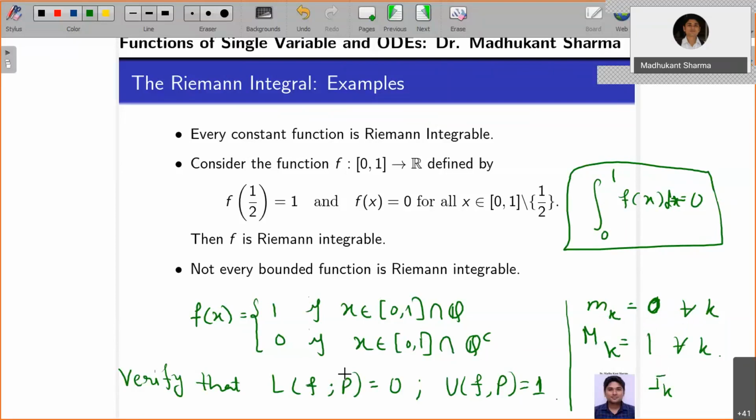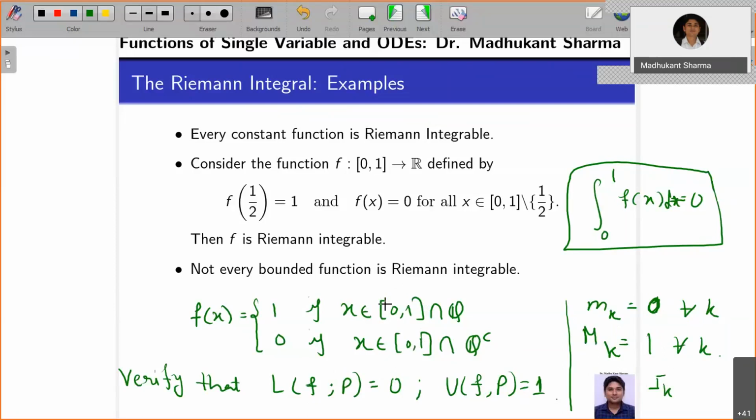And then if you write down L(f,P), small mk is 0 for all k, so that will turn out to be 0. U(f,P) is equal to the summation of capital Mk times delta xk. Capital Mk is 1 for all k, and the summation of delta xk is nothing but the length of the interval, and the interval from 0 to 1 has length 1. So U(f,P) is 1.